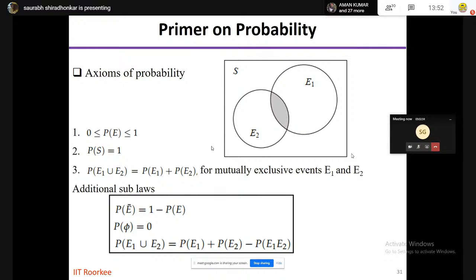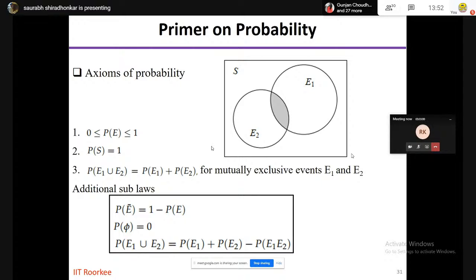But before we come to that, first of all, let's understand what probability is and why we are saying the occurrence is of so much importance. I hope all of you are aware of the axioms of probability. The axioms say that if there is a sample space and there are two events, E1 and E2, then the probability of any event happening always lies between 0 and 1.